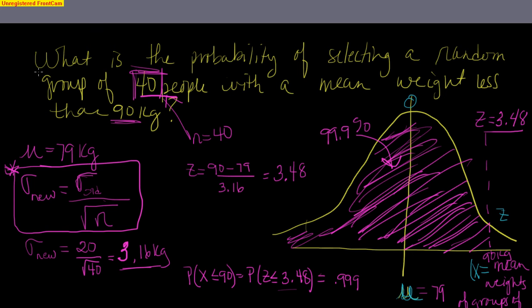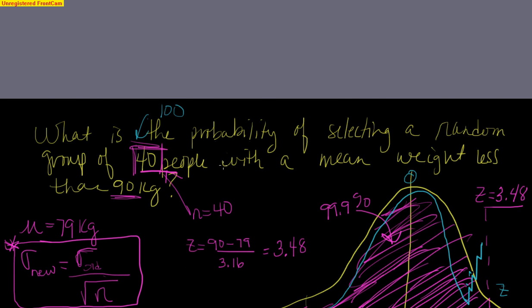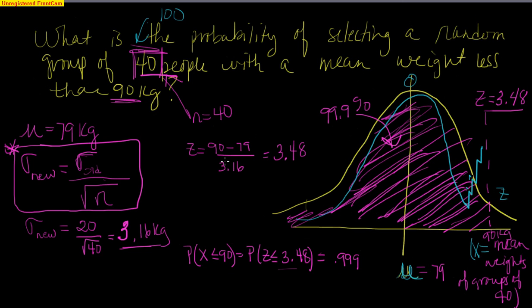If I changed this to groups of, say, 100, it would get even more closely normally distributed, and the standard deviation would get even smaller, and so everything's getting closer and closer into that mean of 79. All right.